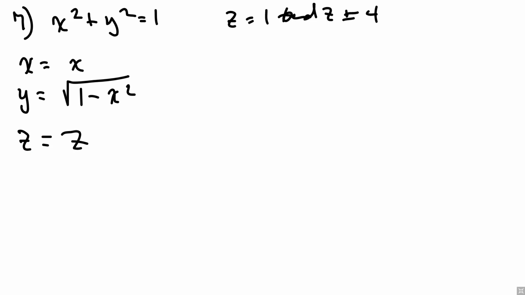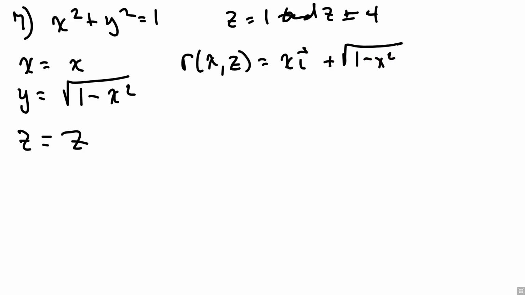Okay, so we can write r of x, z as x in the i direction plus the square root of 1 minus x squared in the j plus z in the k.